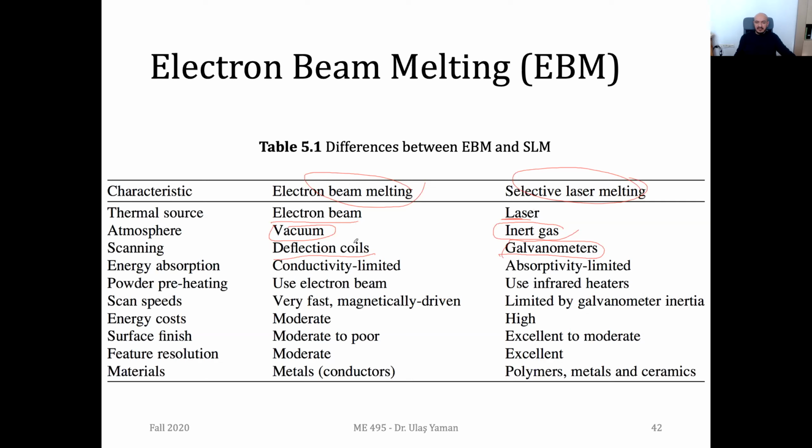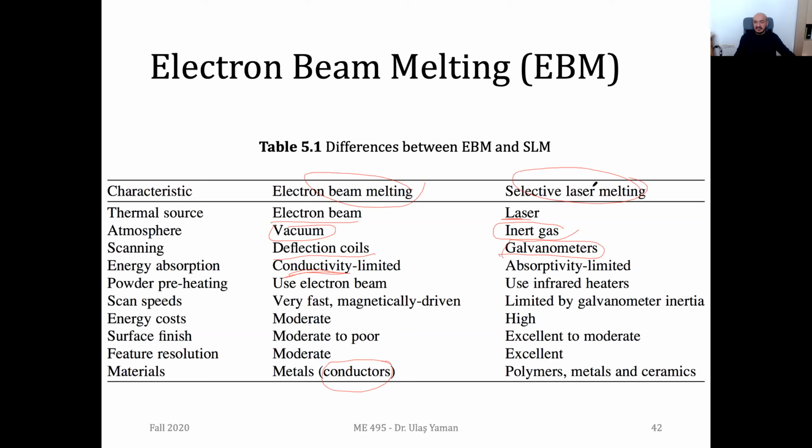And another thing, for the energy absorption of the parts or the powders, it's related to the conductivity of the powders. So you cannot use non-conductive materials in electron beam melting, you can only work with conductive materials.